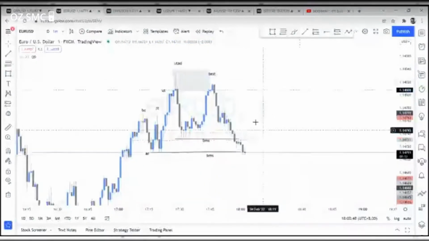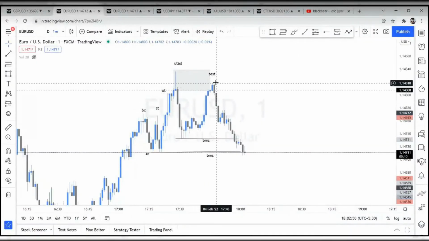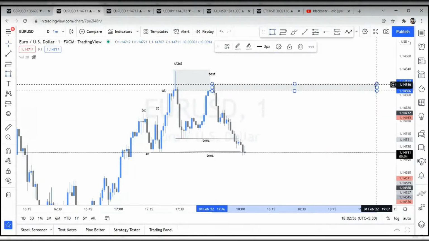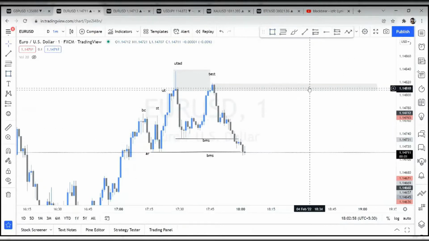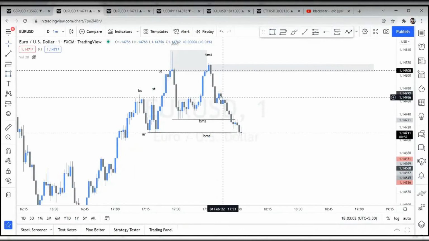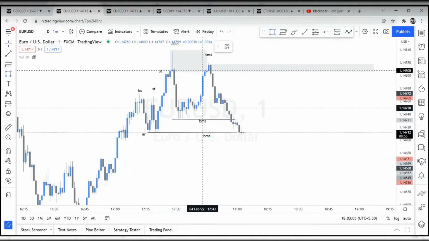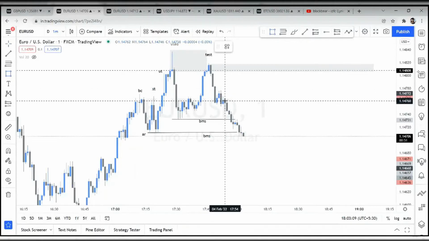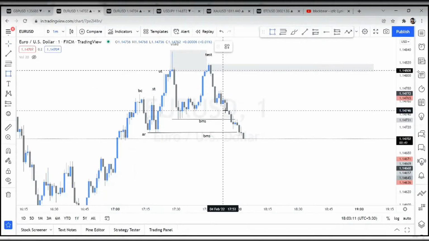So first we will be looking at the swing highs. The last move, this is the first area we would be looking for. And also we have another here, maybe this wick or even this whole candle.